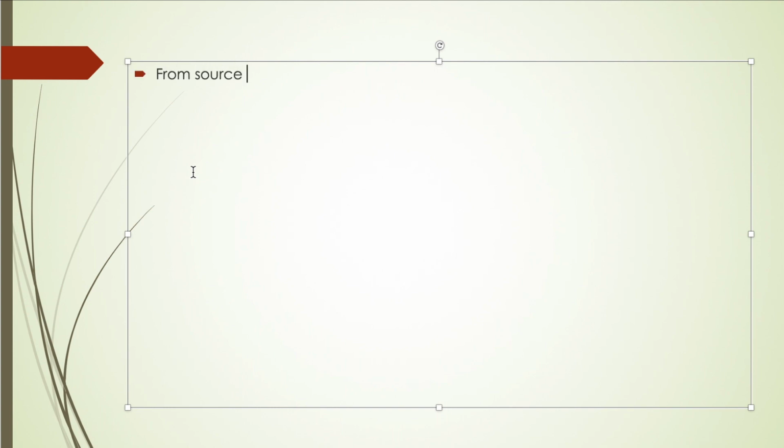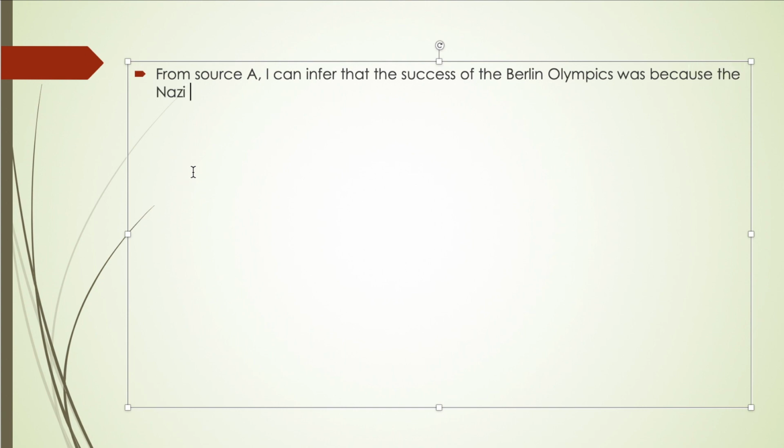From source A, I can infer that the success of the Berlin Olympics, so it's good to have the words of the question, shows that you're really answering the question, was because the Nazi Party was able to reflect a good impression of their regime. And that is my point, so that's my inference.